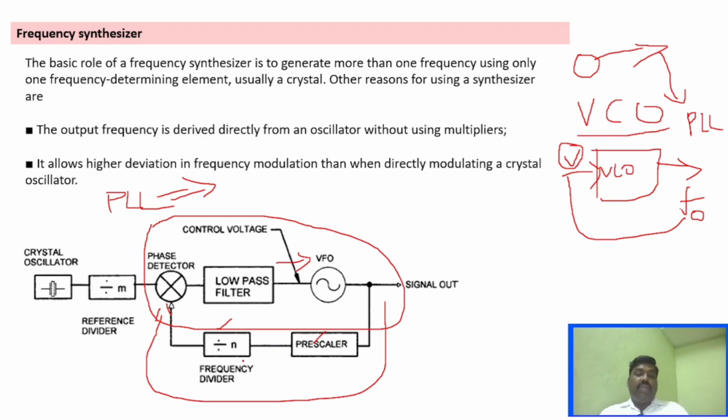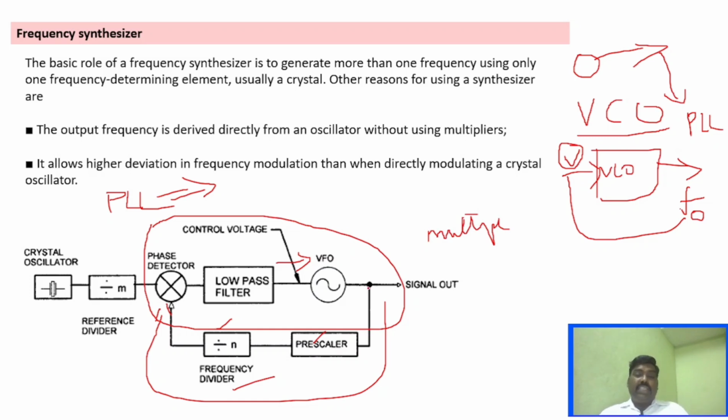By using a frequency divider. You can see here the output of this voltage controlled oscillator. If we divide that frequency, we can obtain multiples of the input frequency.